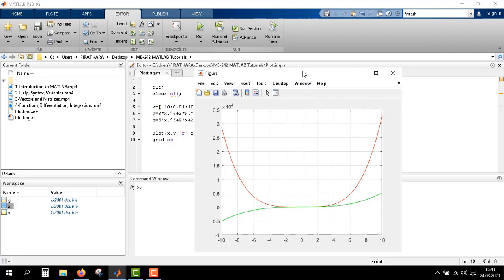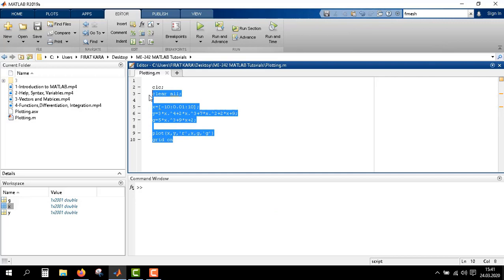Okay, let's make another example to plot a surface. Now I'm going to use a command named meshgrid. And meshgrid creates a table with respect to x and y.